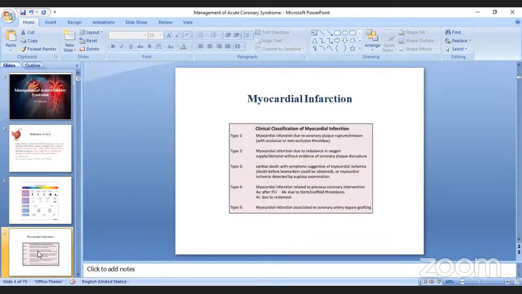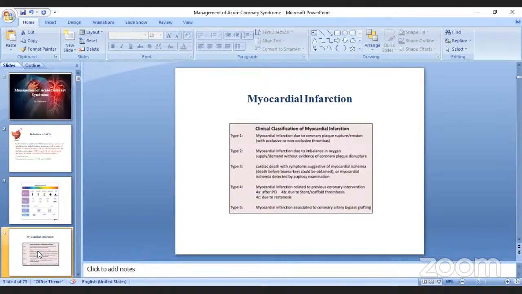Coming to myocardial infarction, there are basically 5 types. Type 1 is due to coronary plaque rupture or erosion. Type 2 is due to imbalance in the oxygen supply or demand without any evidence of coronary plaque. Type 3 is where cardiac death occurs with symptoms suggestive of myocardial ischemia, where the death occurs even before the biomarkers can be obtained.